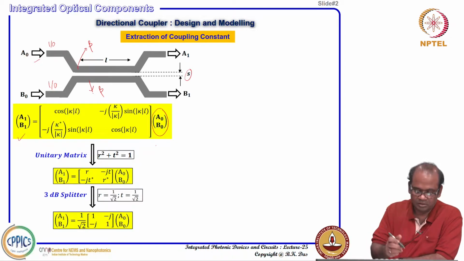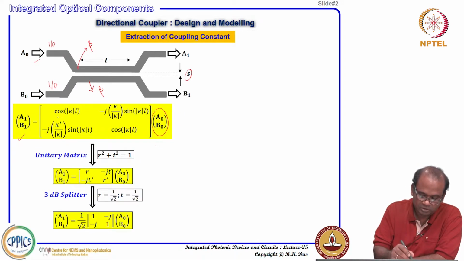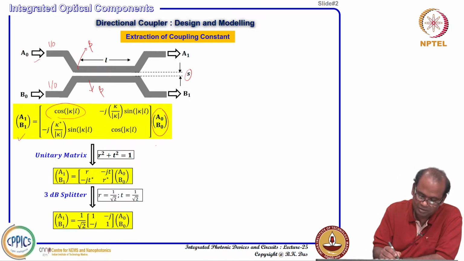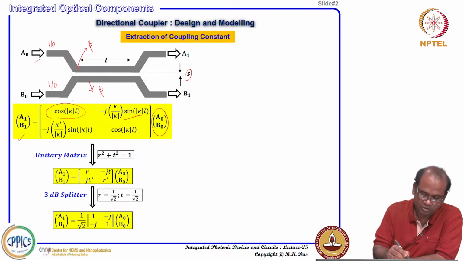Then we can simplify our transfer function with cos kappa L, where kappa is the coupling constant, and then there is the cross coupling part. Normally we represent this one as R and this one as T, and then this will be minus jT, this minus jT star, and this R star.